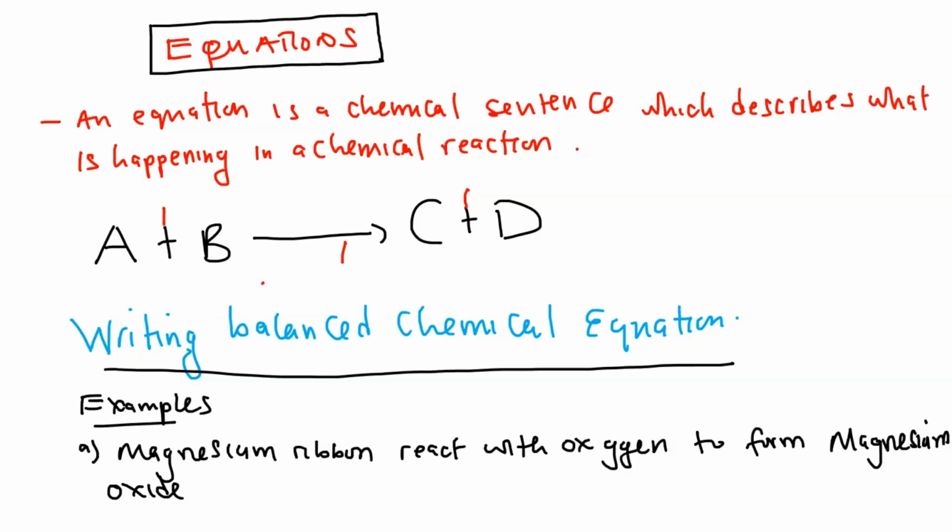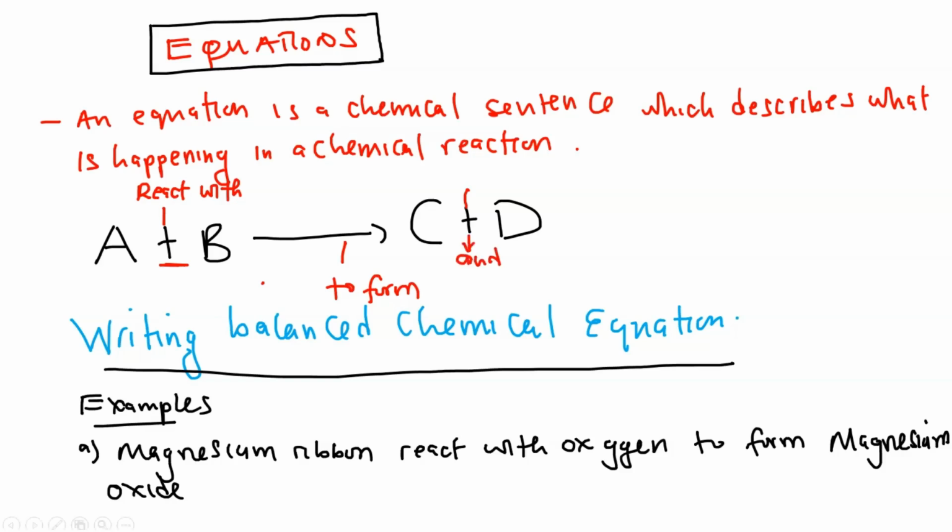So here, this one can be read as A reacts with B. This first plus is "reacts with". So A reacts with B. Then this arrow is "to form". When you find "to form" in a sentence, just know that you are putting this arrow. Then this second plus is "and".